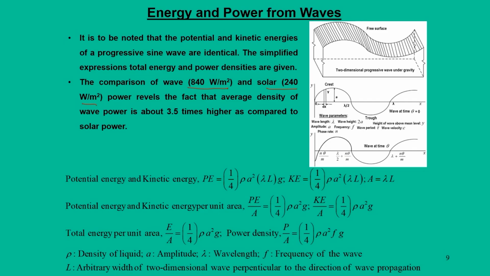Although the ocean waves are generated due to solar radiation, the power density of the wave energy is much higher than the intensity of solar energy. The density of wave power is about 3.5 times higher than that of solar power.